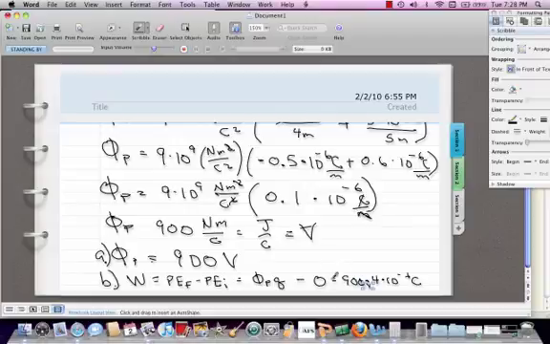And so that's equal to 3600 times 10 to the minus 6 volts times coulombs. If I think about my units, a volt is a joule per coulomb, so joule per coulomb times coulomb just becomes a joule.